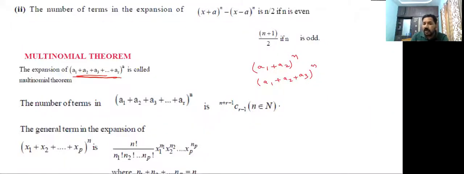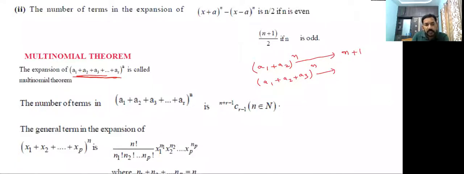How many terms are there in a binomial expansion? Already we know that it is n plus 1 terms. In a trinomial expansion, how many terms are there? How to identify? So here one formula is there.